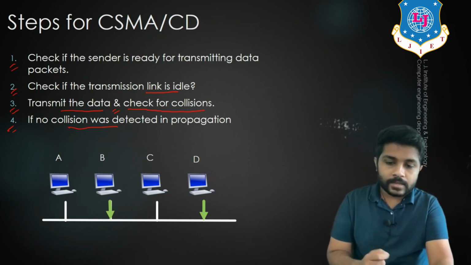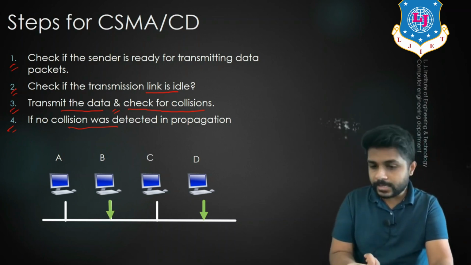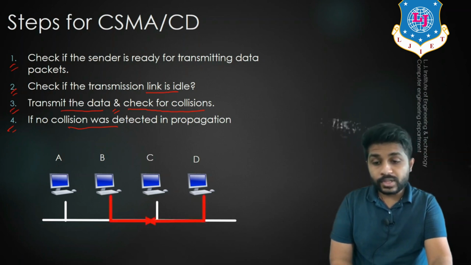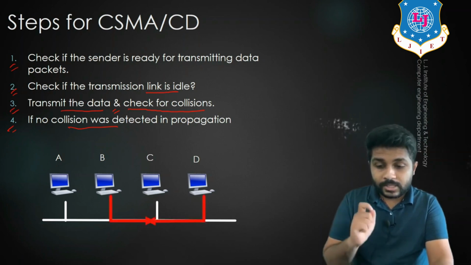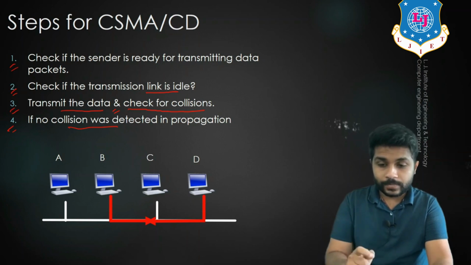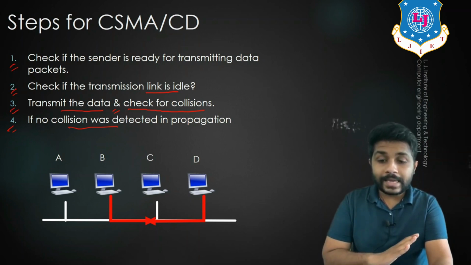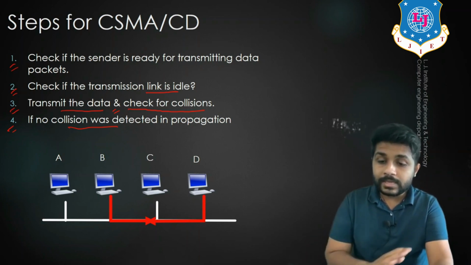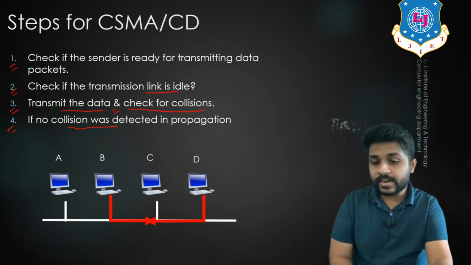After sensing, they both will find that the channel is idle, so they will send data. And after some time, their data will collide with each other. And this is known as collision. When there is a collision in the network, no device is able to receive proper data. All the devices will receive is junk data.